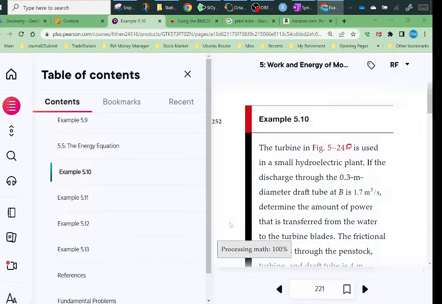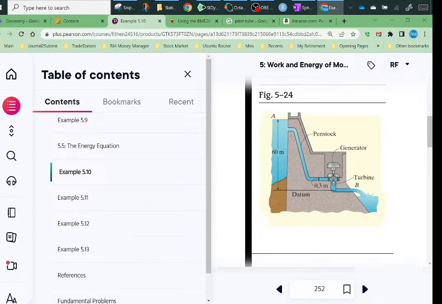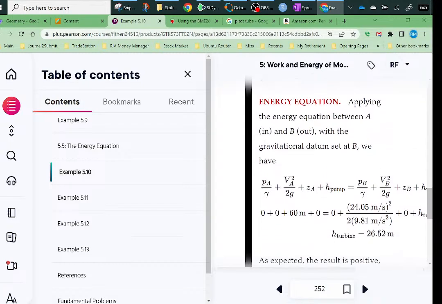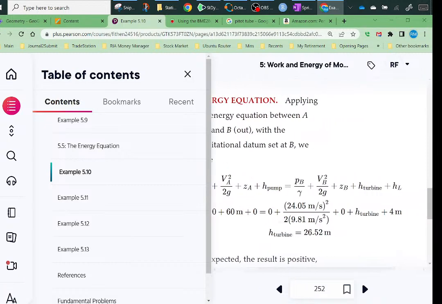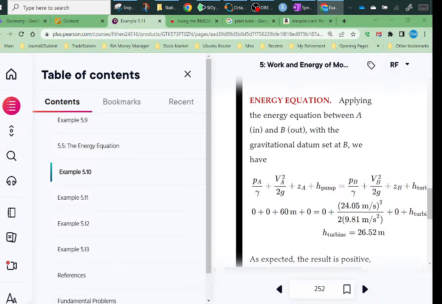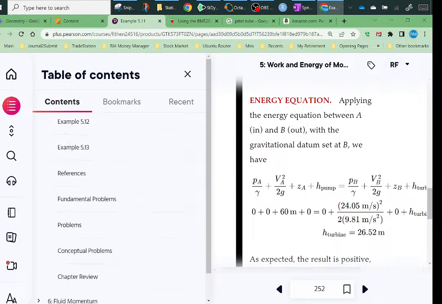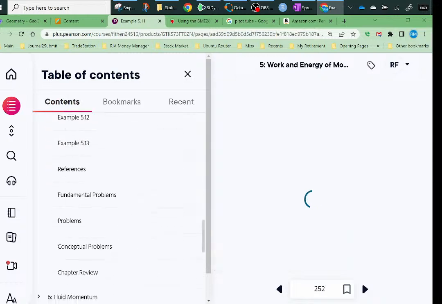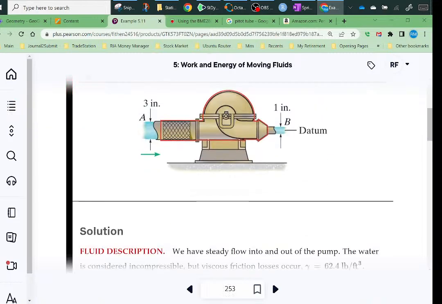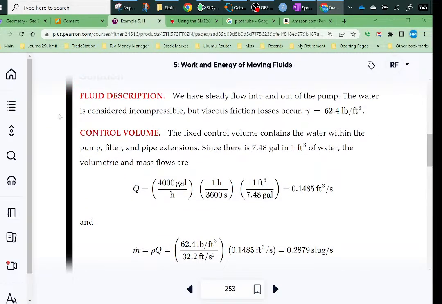Most of the time you'll start talking about head of the pump. Maybe I will cover that, because he's just talking about the pump, so I will do that section.